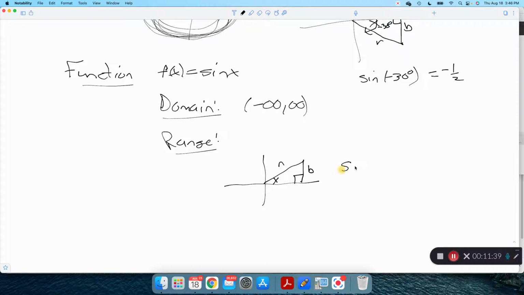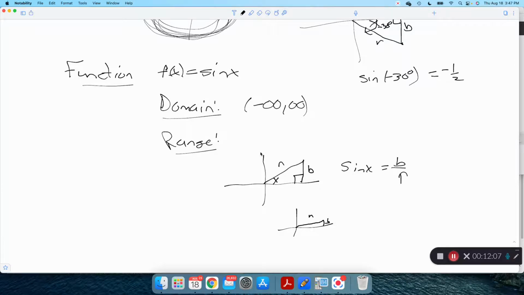Sine of x is b divided by r. How big could that possibly get? Well, if I start really small, say if I start with a little tiny angle right there, b is very small, r isn't changing. And as my angle gets bigger and bigger, b is getting bigger, r is not changing.